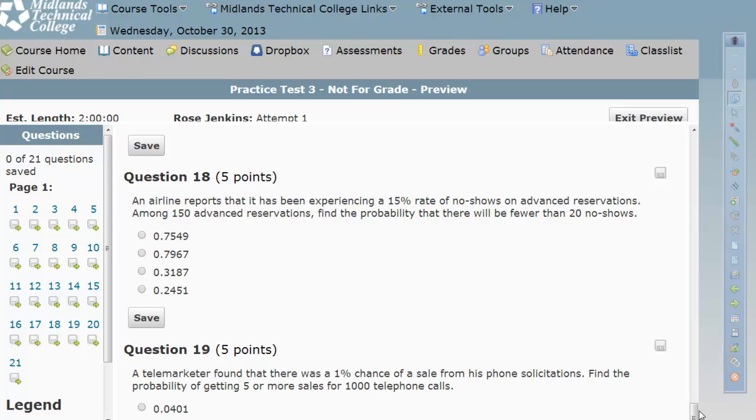However, before we had these $100 calculators, it would have been quite a chore to calculate fewer than 20 no-shows. We'd have to calculate probability 0, plus 1, plus 2, plus 3, plus 4, plus 5, all the way up to 19, or use a table. It would take a while, right?